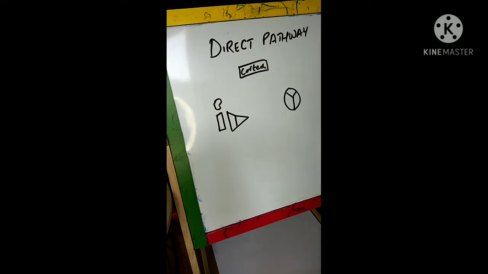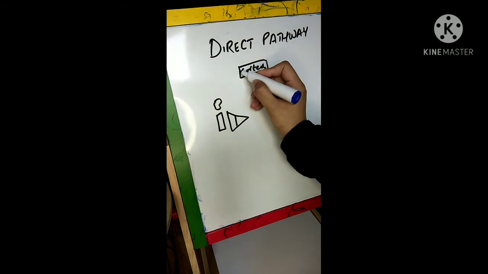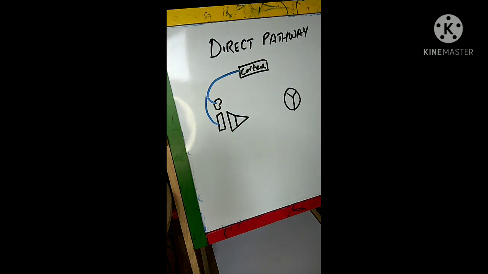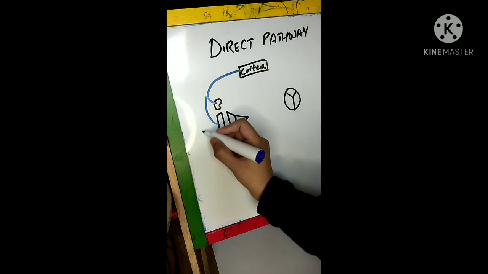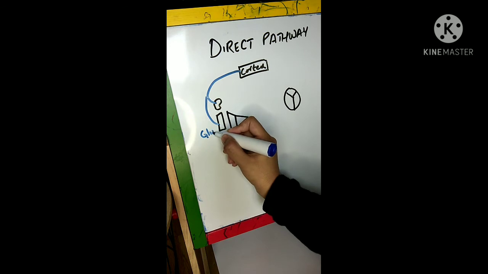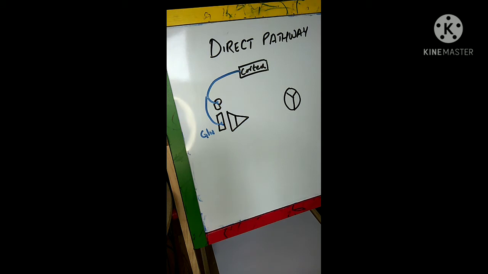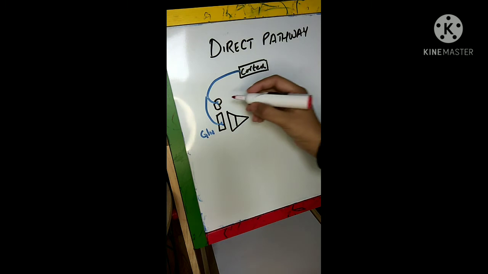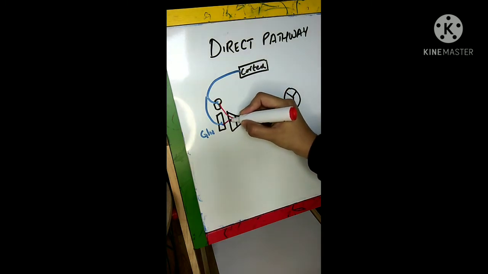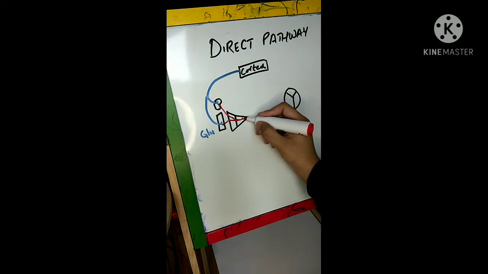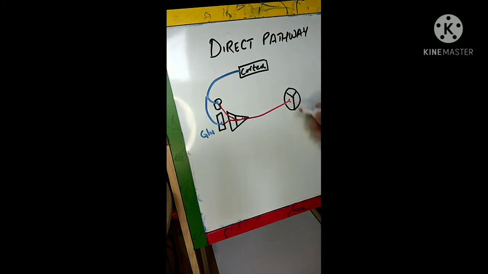So we have these signals from the cortex to the caudate and the putamen. Here these neurons release glutamate. Glutamate, you all know, is the excitatory neurotransmitter. From these two structures, the signal goes to the globus pallidus internus, and here there is release of GABA.